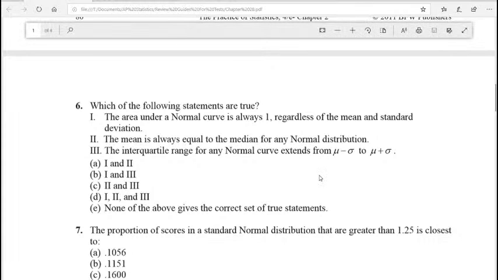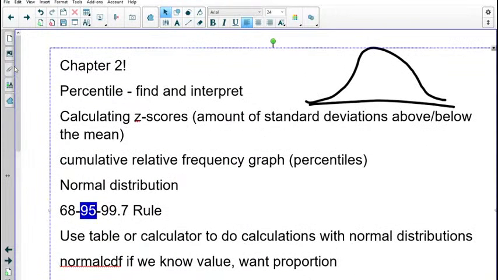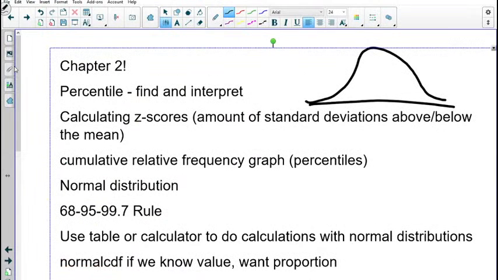So this is saying going a standard deviation to the left and a standard deviation to the right. Zero, -1, and 1. So here's a standard deviation to the left and a standard deviation to the right.